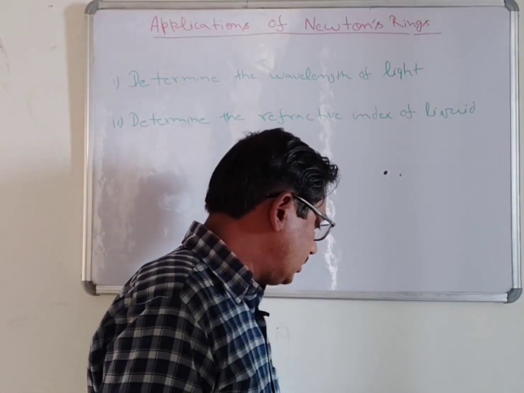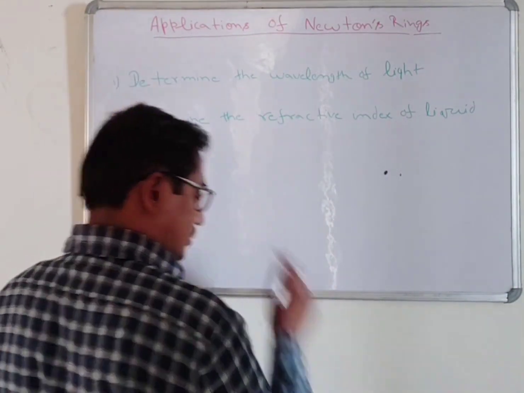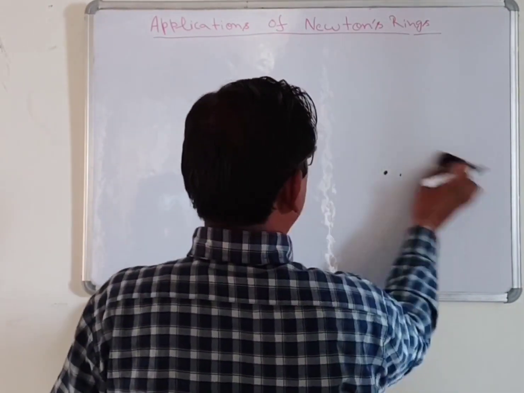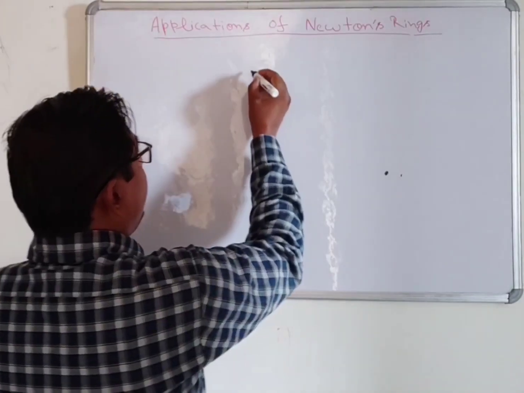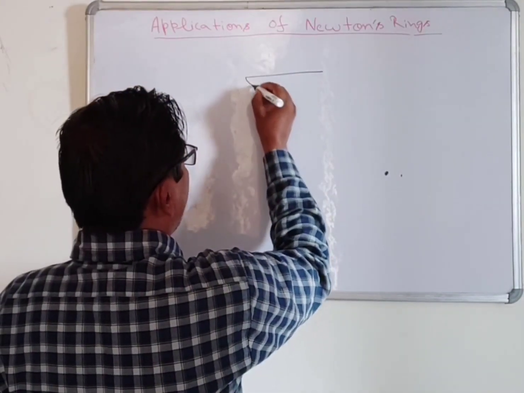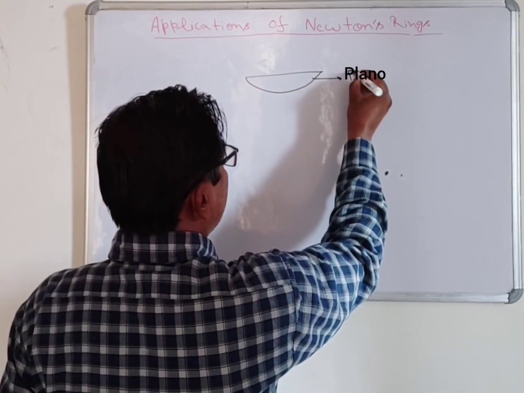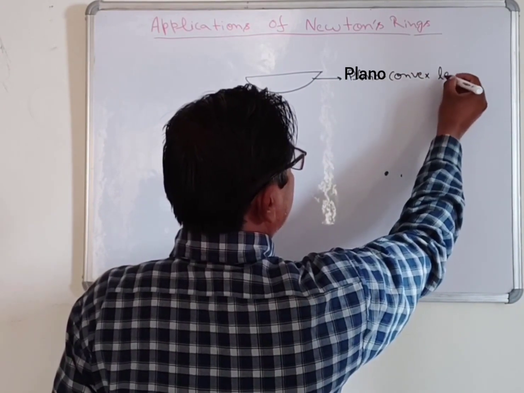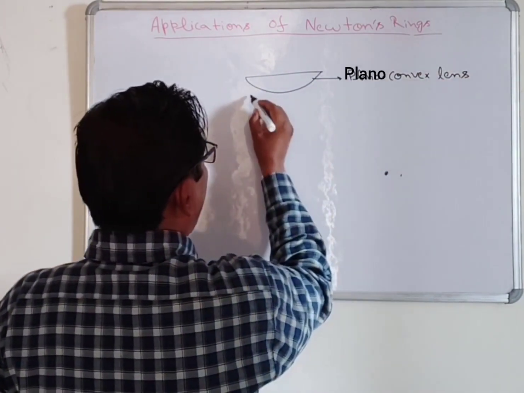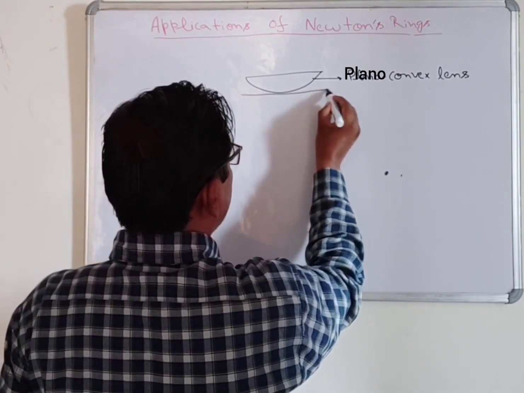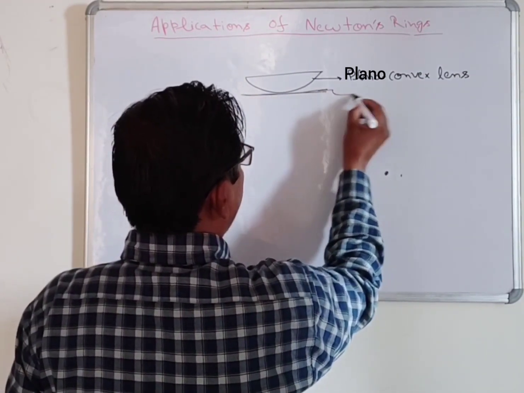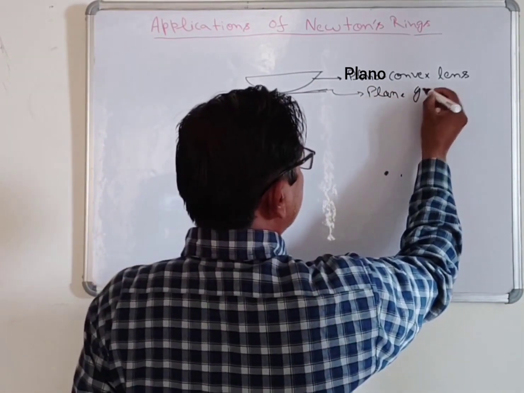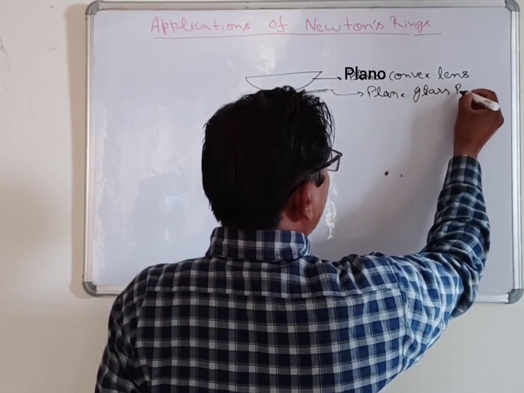All of you know very well the arrangement like this. This is a plano-convex lens, and the other one is known as a plain glass plate.